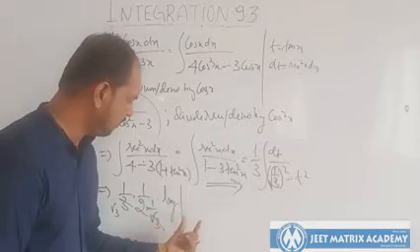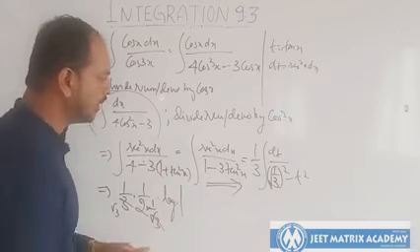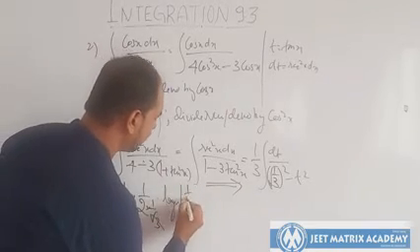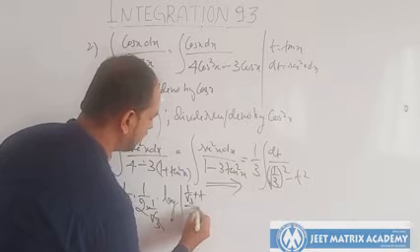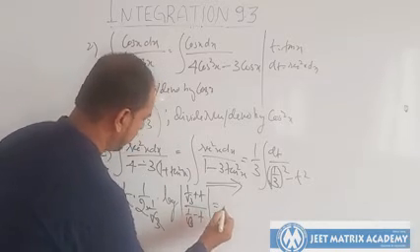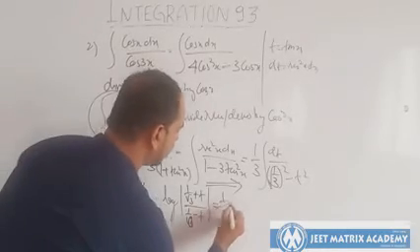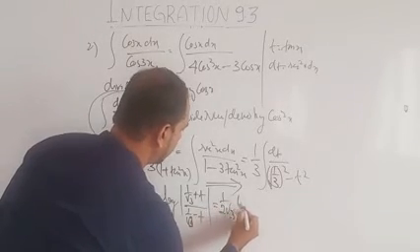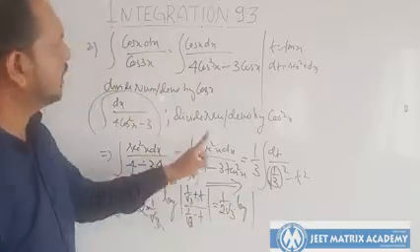So this becomes a plus t and a minus t. So a is 1 by root 3 plus t divided by 1 by root 3 minus t. So this becomes 1 by 2 into root 3 log of t is tan x.